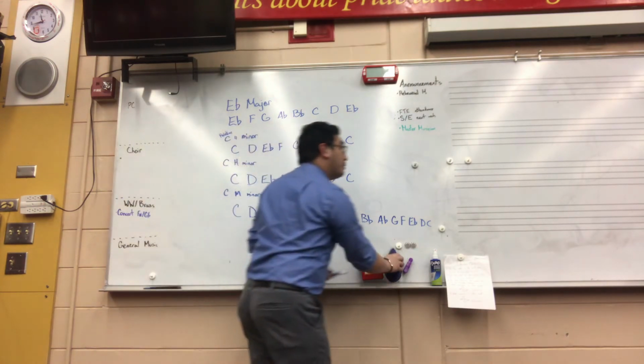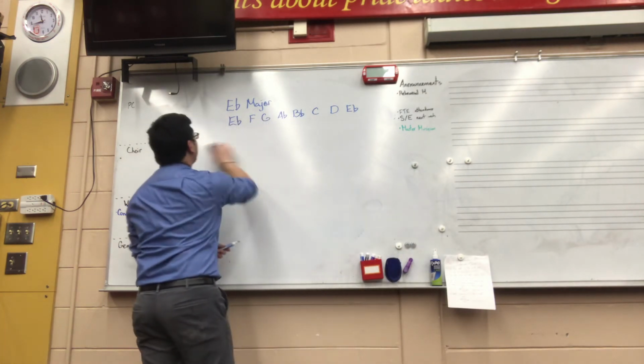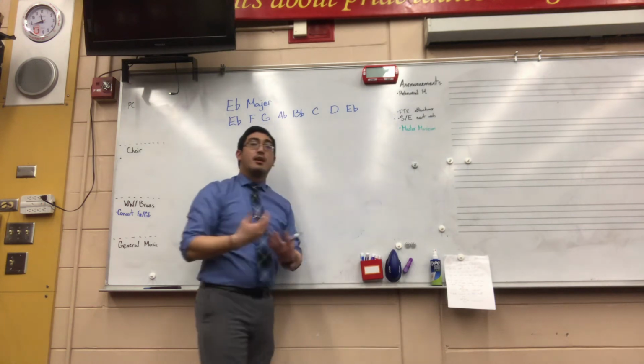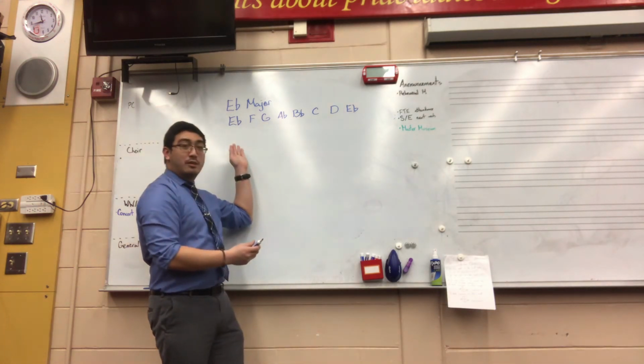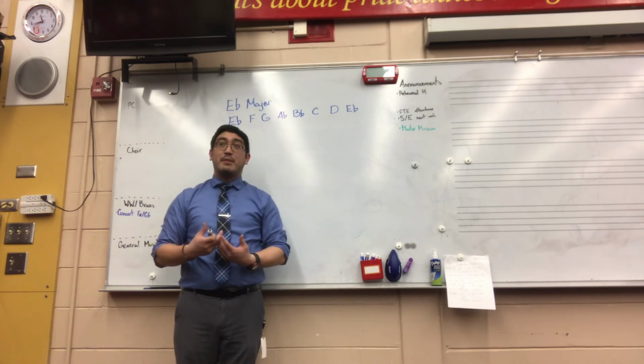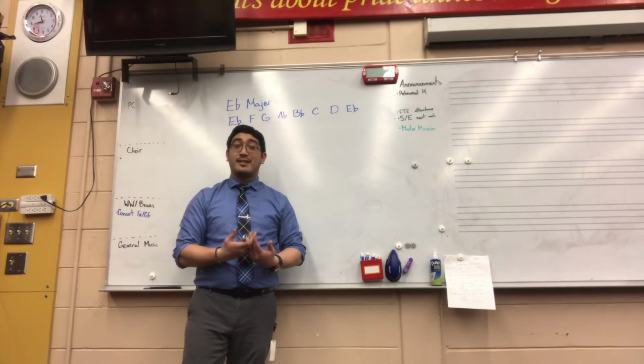So, I'm going to move on to the parallels. For parallels, it all comes down to the name, E flat major. The parallel to E flat major would be E flat minor, simply because it starts on the same note.